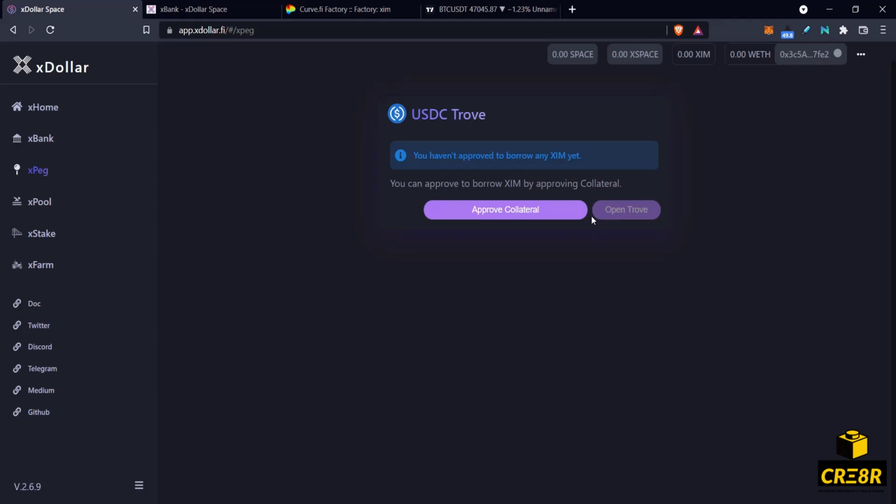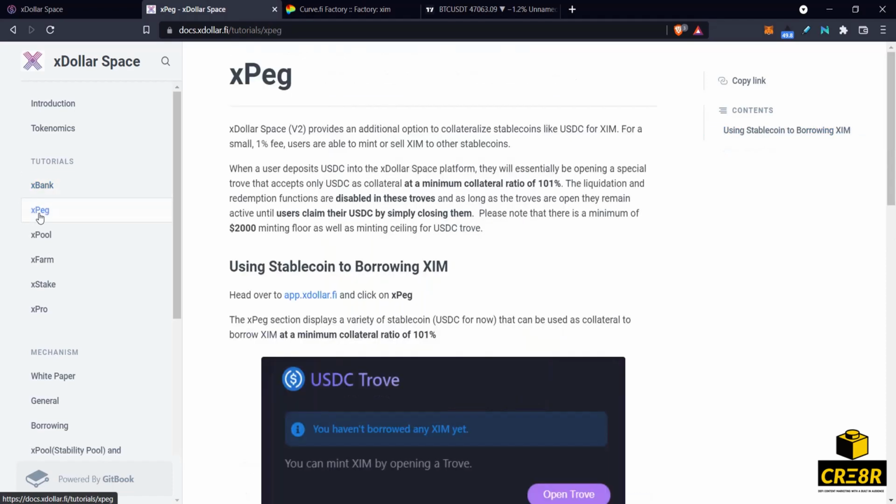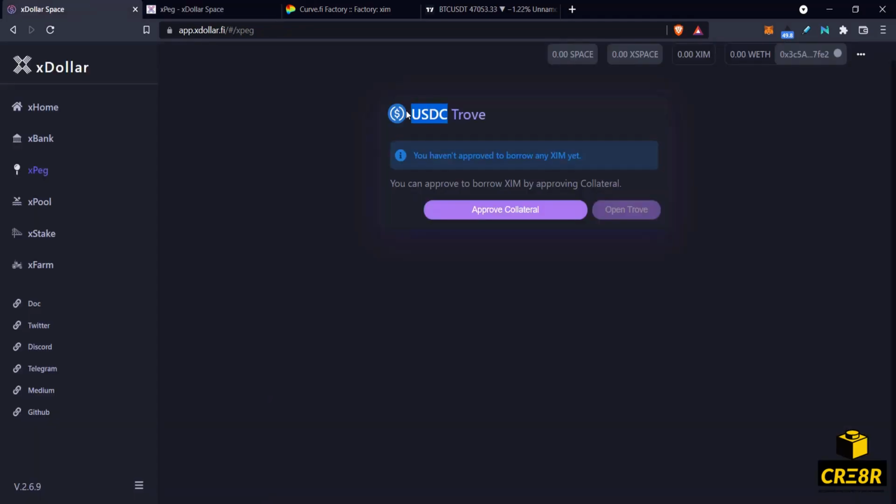So this is 1-to-1. Now, this one here, if we go to 0 peg, there are some key factors here. The liquidation and the redemption functions are disabled on these troves. So nobody can come here and get this USDC out of here. So no one can just buy XIM and pull USDC out of here.